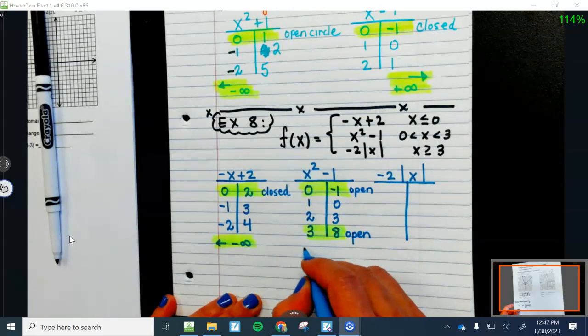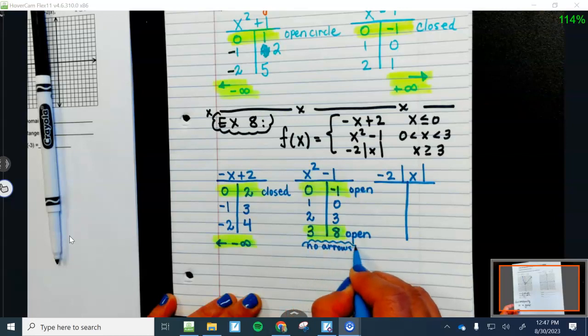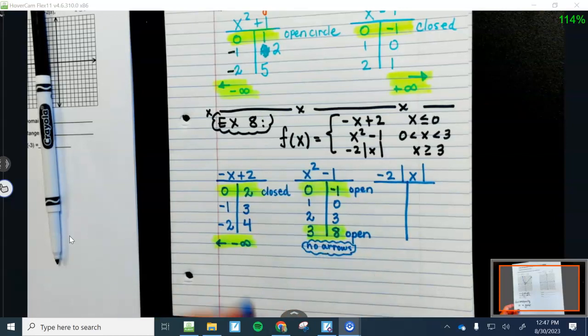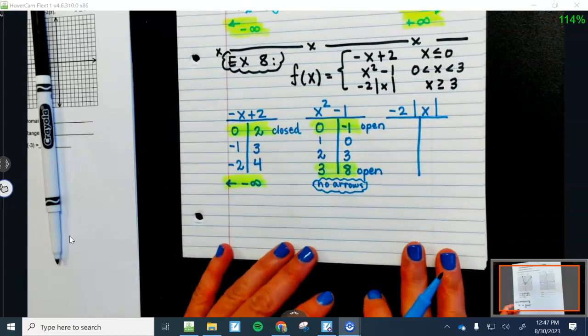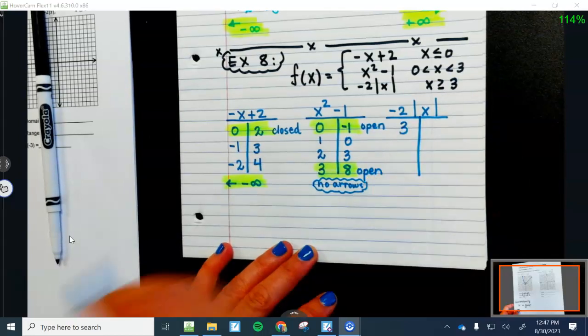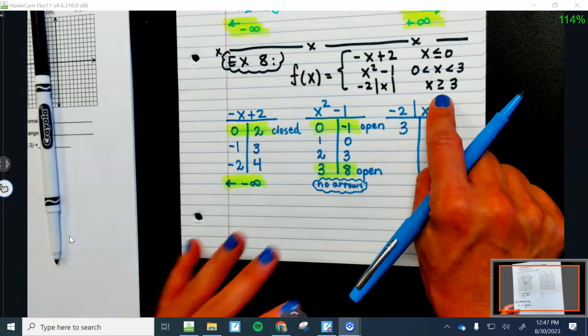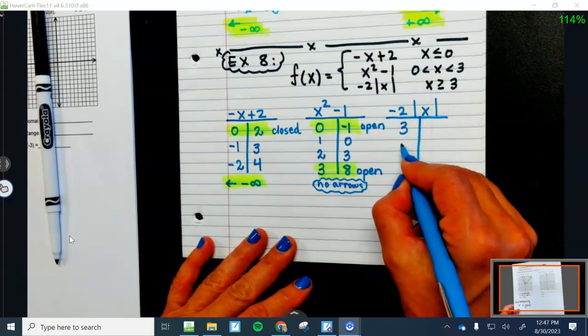And I'm just going to remind myself, no arrows on this piece. Okay, absolute value. Let's analyze some absolute value over here. All right, so it begins at 3, so I have to start it with a 3. And remember, we want pieces that are bigger than 3, so I'm just going to do 4 and 5.